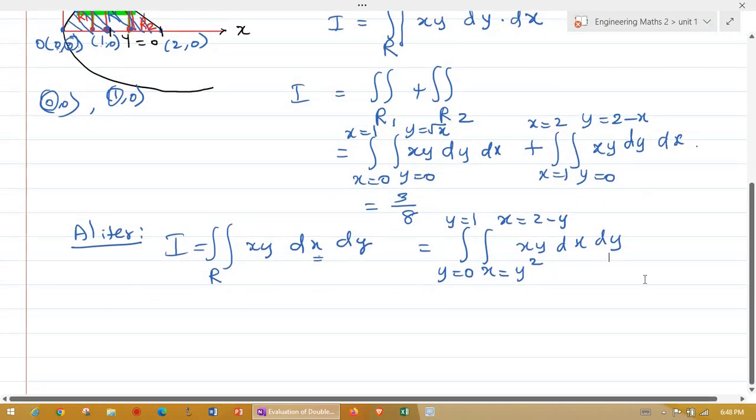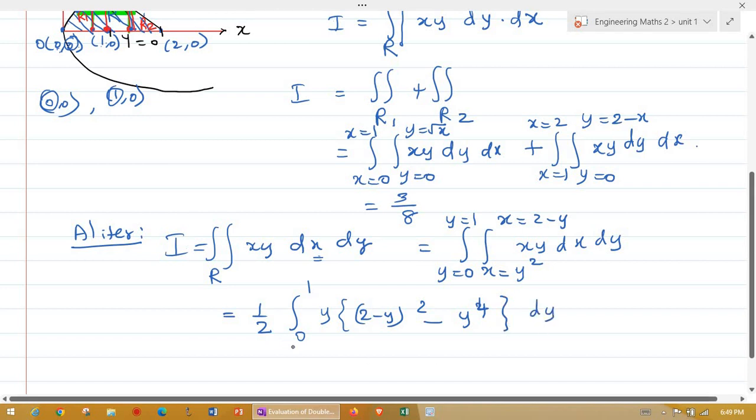If you integrate this, what do you get? That is equal to, taking 1 by 2 outside, the integral from 0 to 1, and the integration of x is x square by 2. Substituting the upper and lower limits, we get (2 minus y) whole square minus y square, which is y power 4, dy.